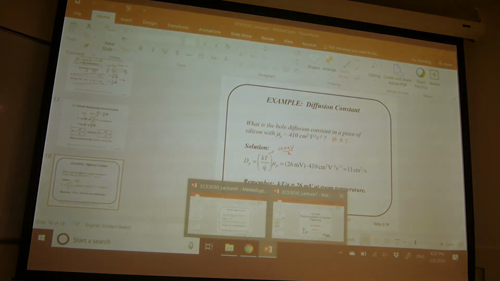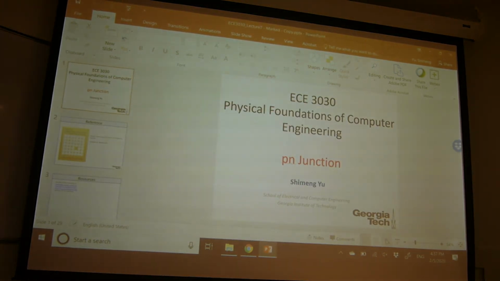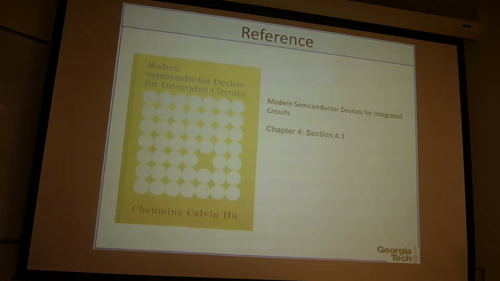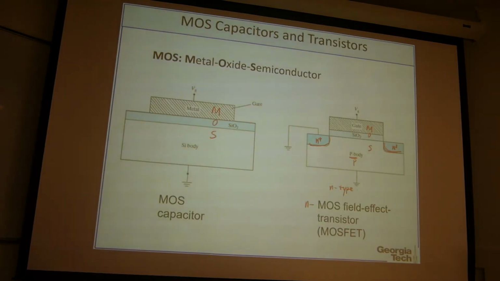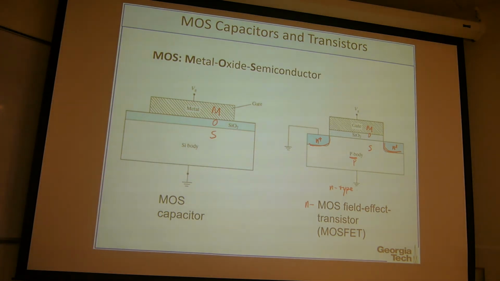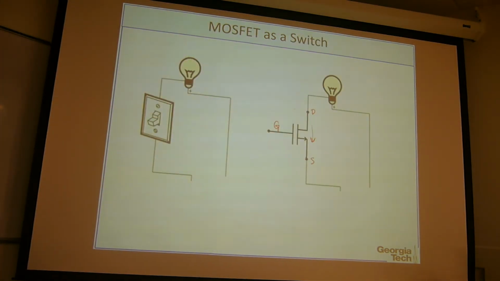We also started our discussions on the p-n junction. We first discussed the MOS structure and the MOSFET, and we said this is a switch. Here at the gate terminal, you control the voltage, and then you control the current flow from the drain to the source. So it's like a switch.